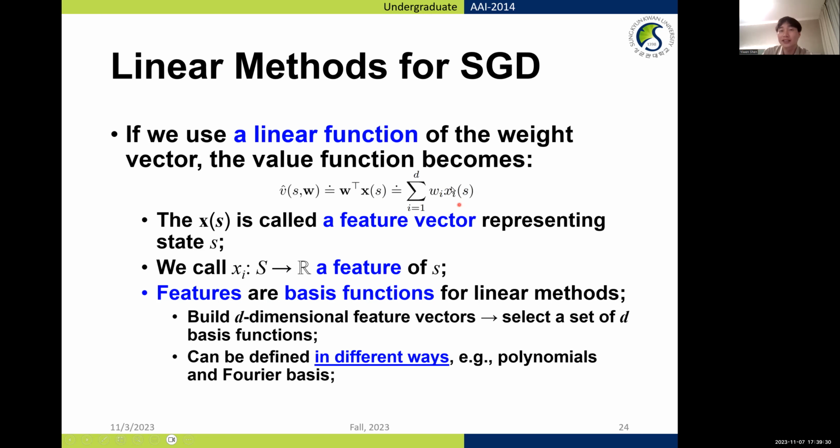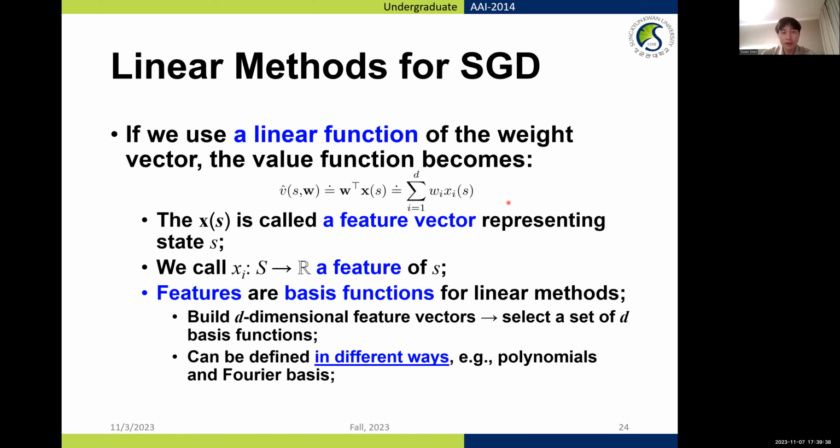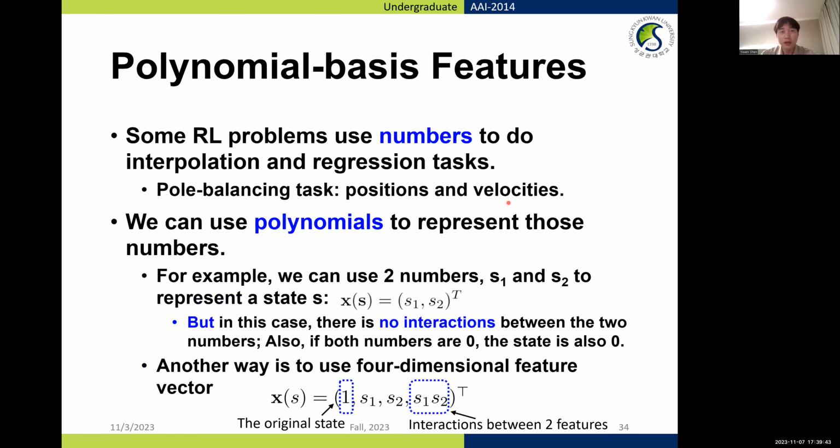Each xi is independent. Okay, so this is the problem we are talking about here. Now we are moving to this.